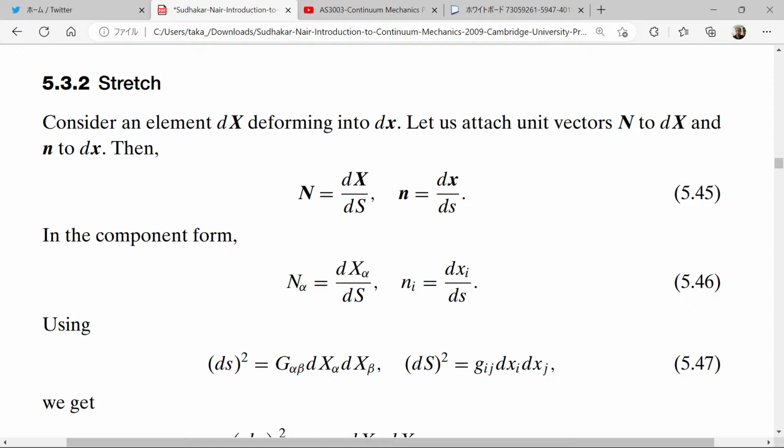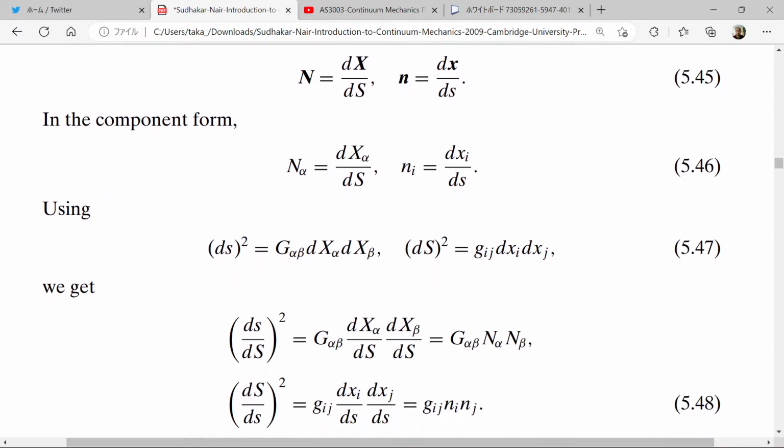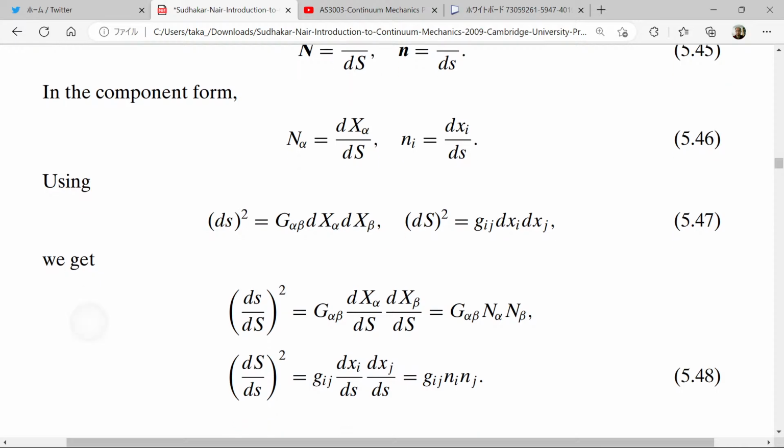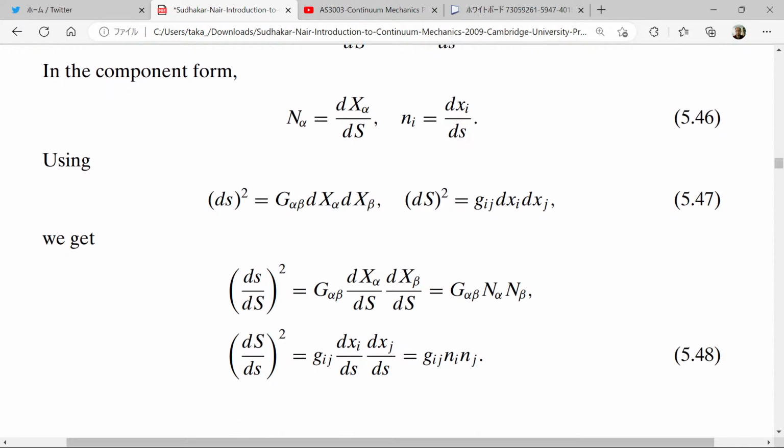In the component form, using ds square and dS square is something. I'm a little bit confused about this definition, but it should be okay.